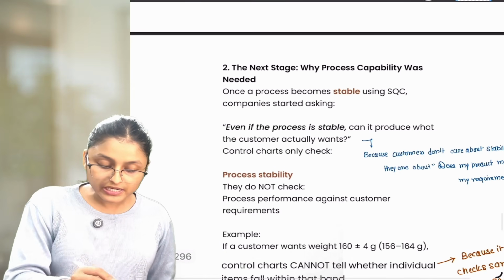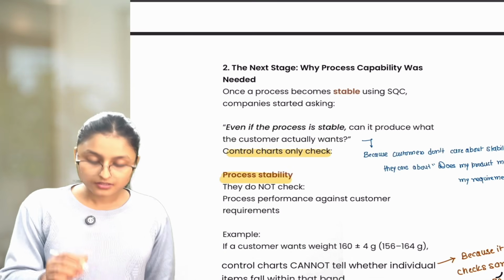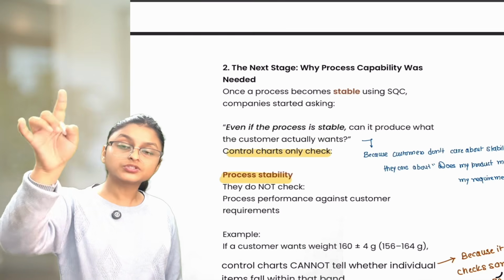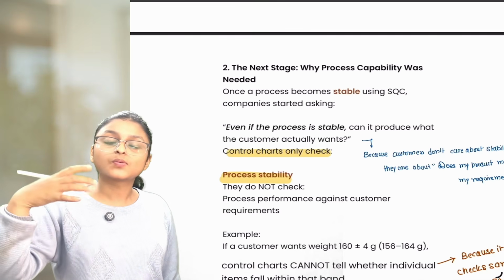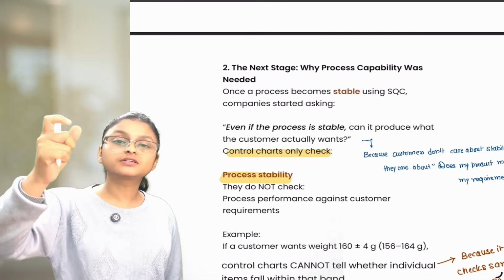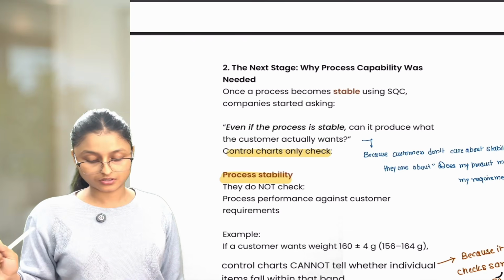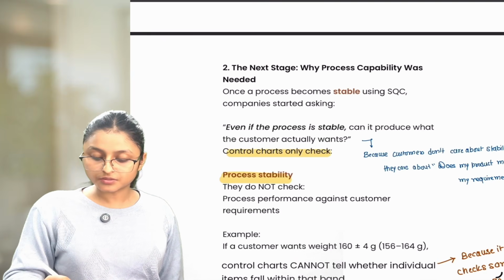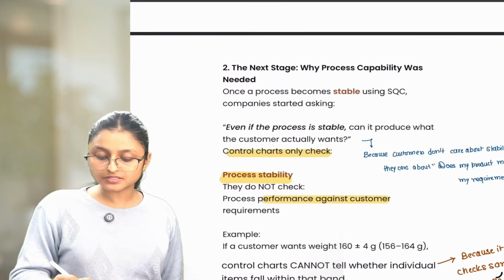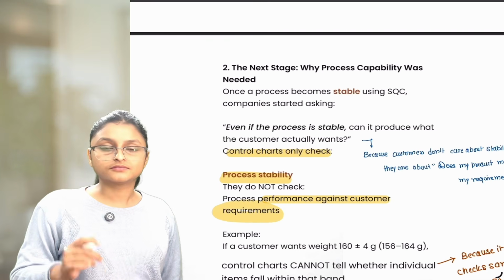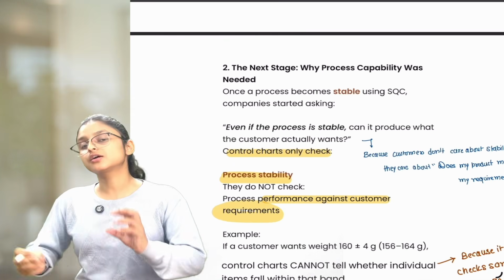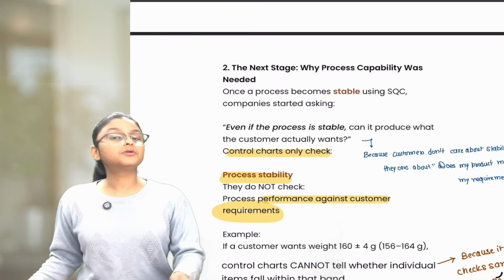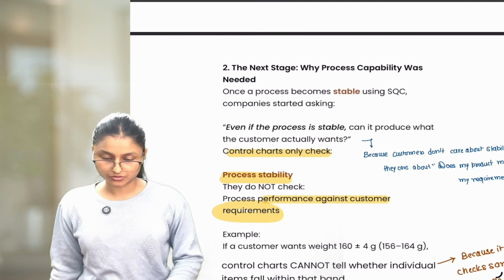Control charts only check process stability. The charts we were using earlier, statistical quality control, were able to check only whether the process is stable or not. But they do not check the process performance against customer requirements. Whether we are able to produce what our customer wants or not, we are not able to check that in statistical quality control.